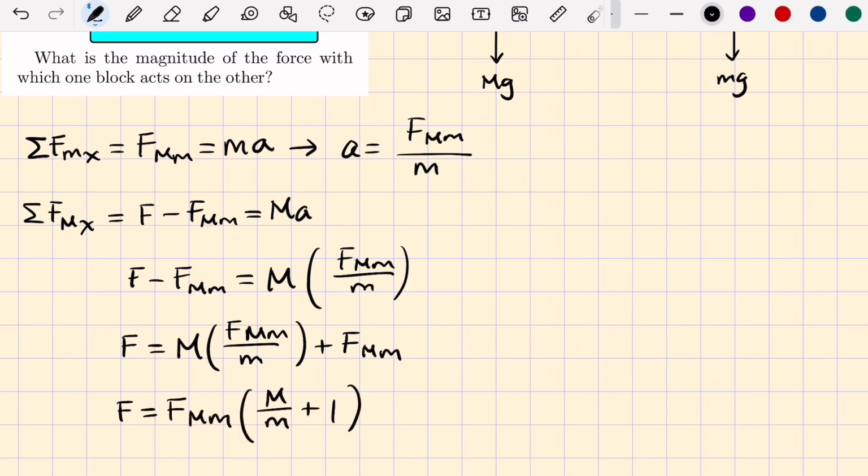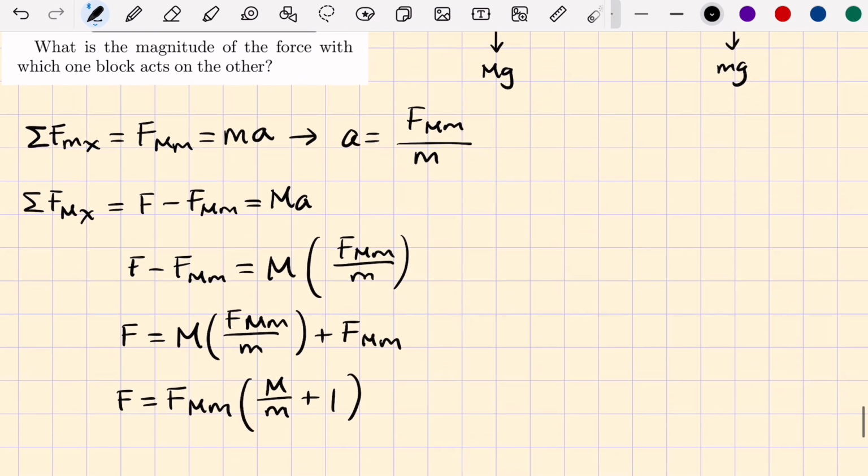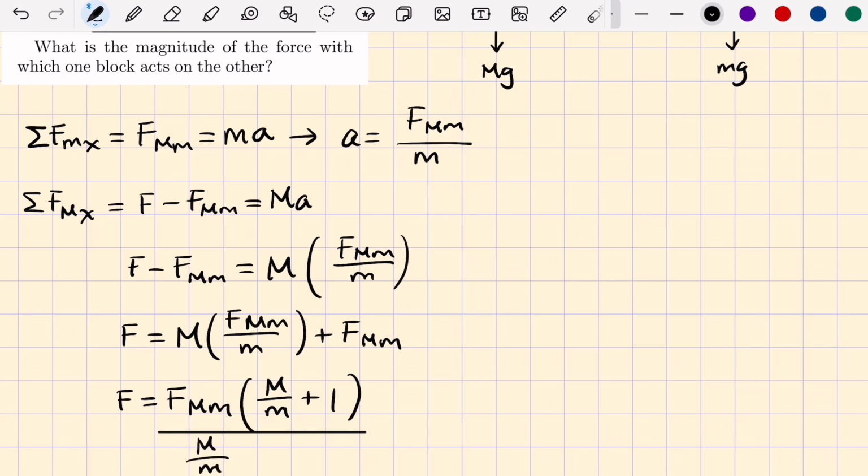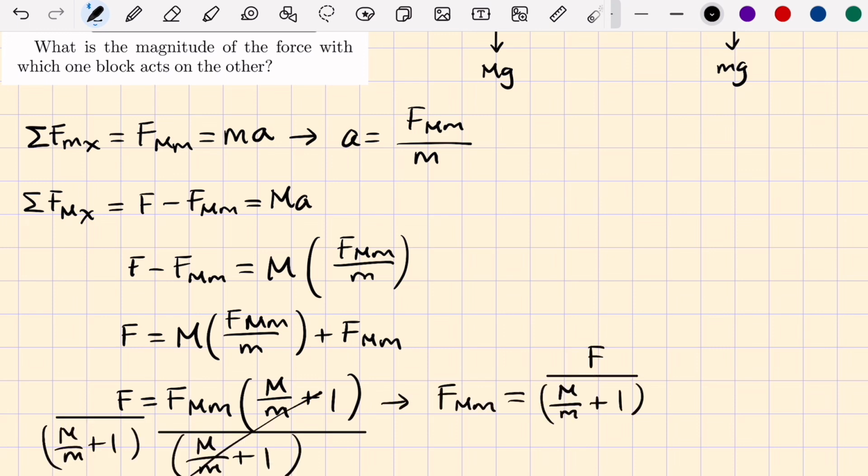And then we would have to divide both sides by this. And that's how you would find it. So you can stop here and just plug in your numbers.